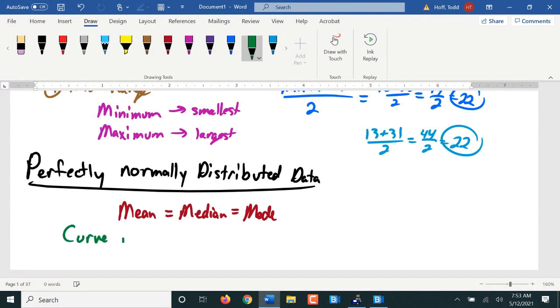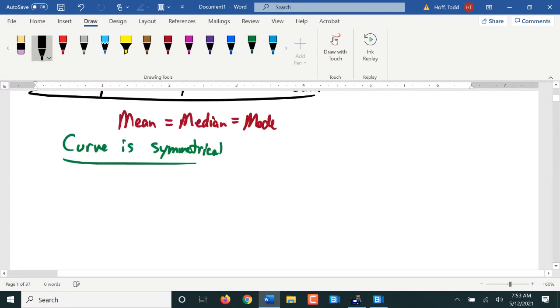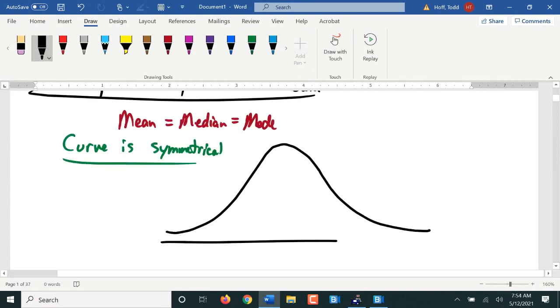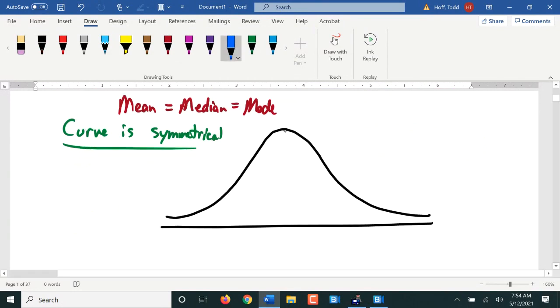the curve is symmetrical. Or bell curve, and that's symmetrical. The mode is the highest point of the curve because that's the number that occurs the most often.